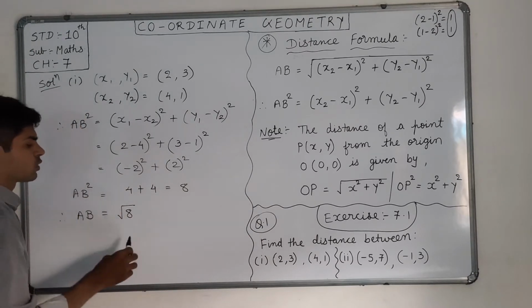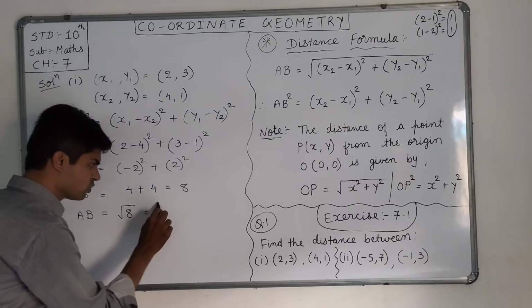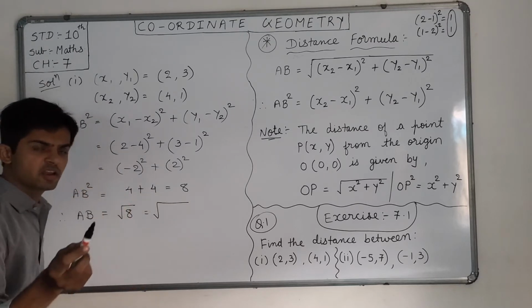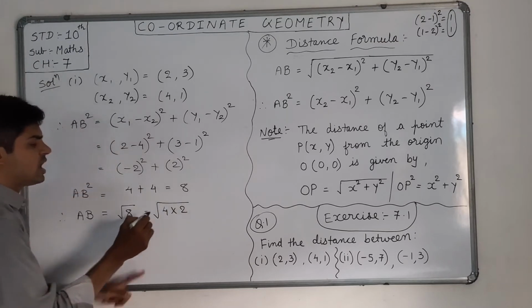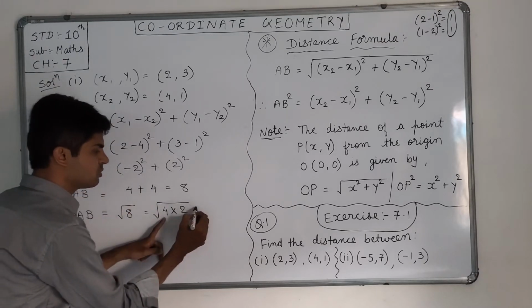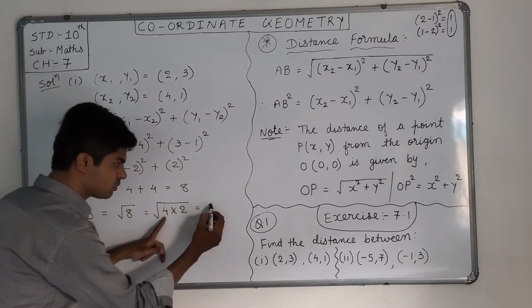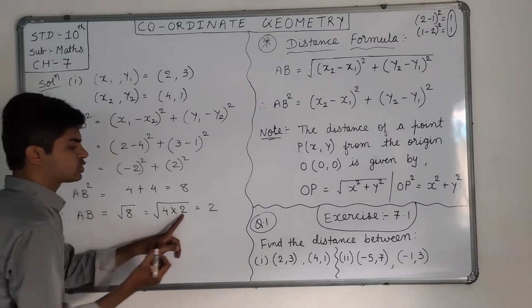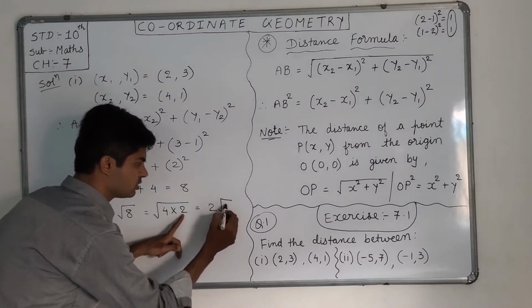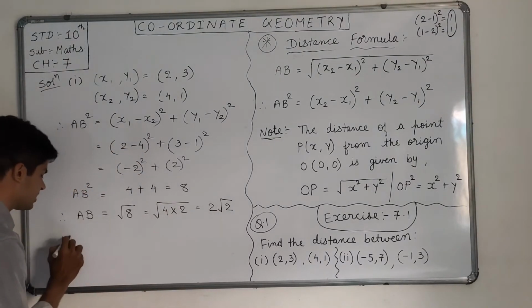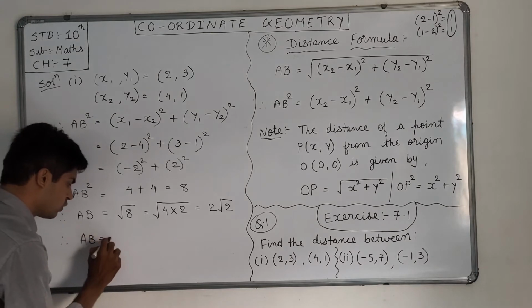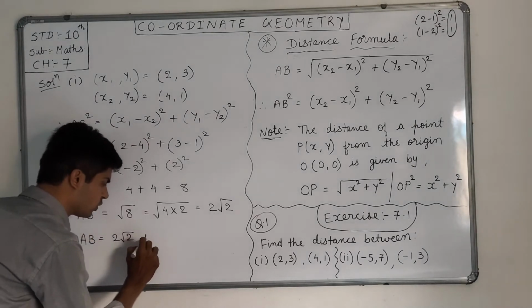Okay, so how to write root 8? Root 8 is divided into two parts, that is 4 into 2. Now the square root of 4 is possible. Square root of 4 is 2, and the square root of 2 is not possible. So root 2, and our final answer is 2 root 2 units.